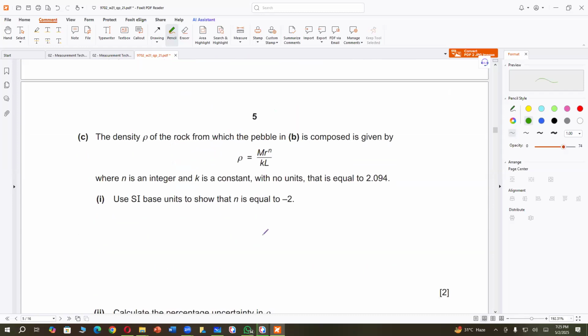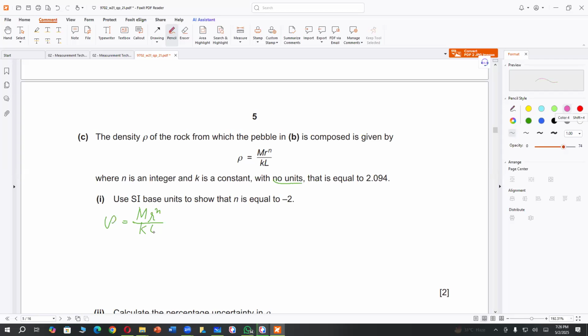The density of the rock from which the pebble is made is given by this. N is an integer and K is a constant with no units, equal to 2.094. Using the SI units, show that N is equal to -2. So how do we tackle this? Density is equal to M R to the N upon K L. He says K is a constant with no units.